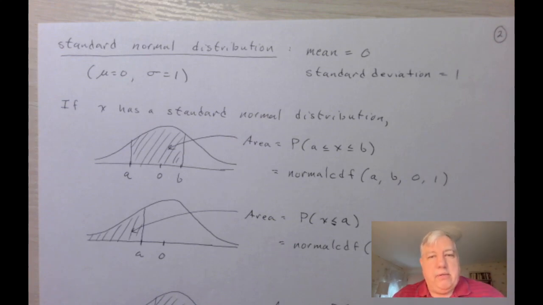Before we had calculators that could do all this neat stuff, we had to use tables. And we will be using tables again. Statisticians could transform any normal distribution to a standard normal distribution by doing a simple transformation.